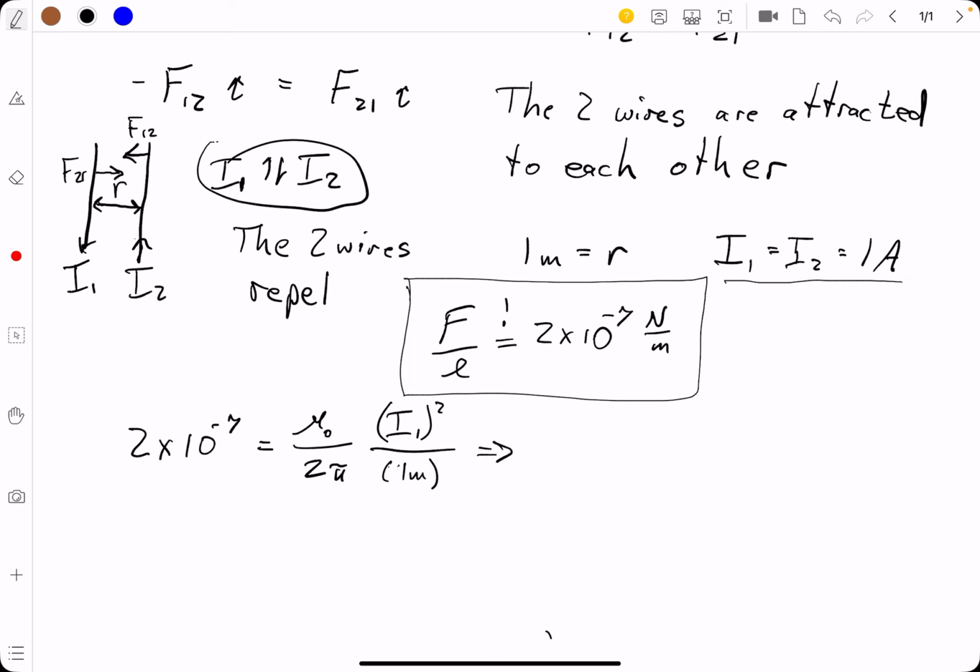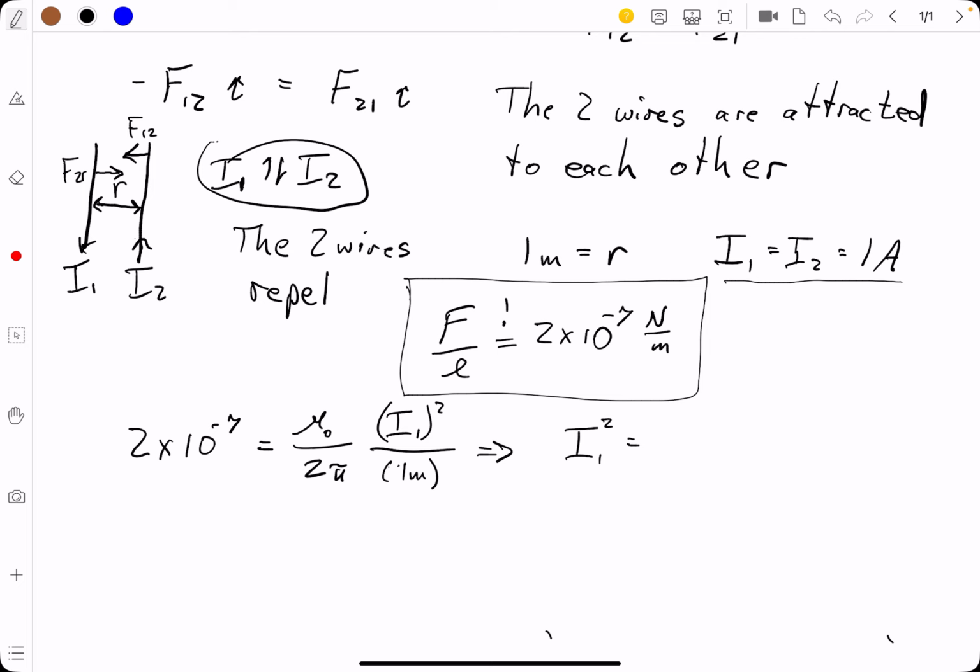We can solve that for I1 squared, and then take the square root if we want, but 1 squared is 1, so even if we don't take the square root, we should still be okay.